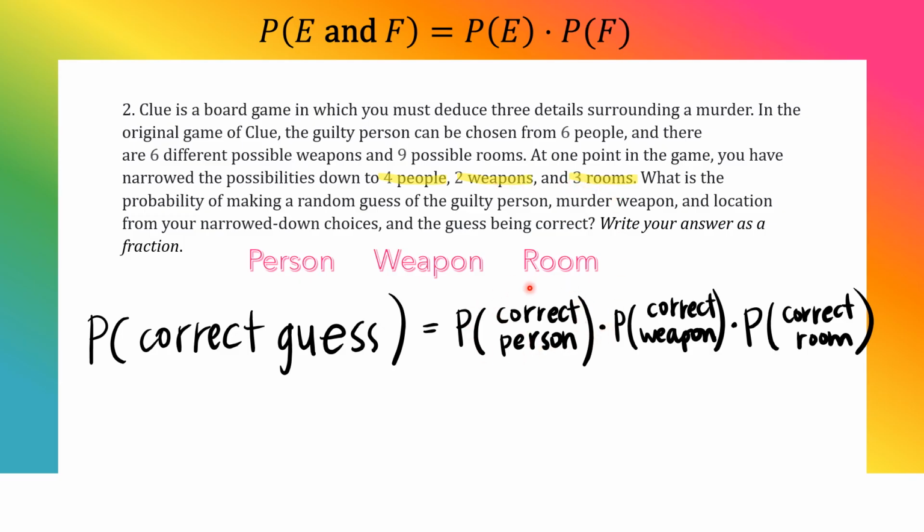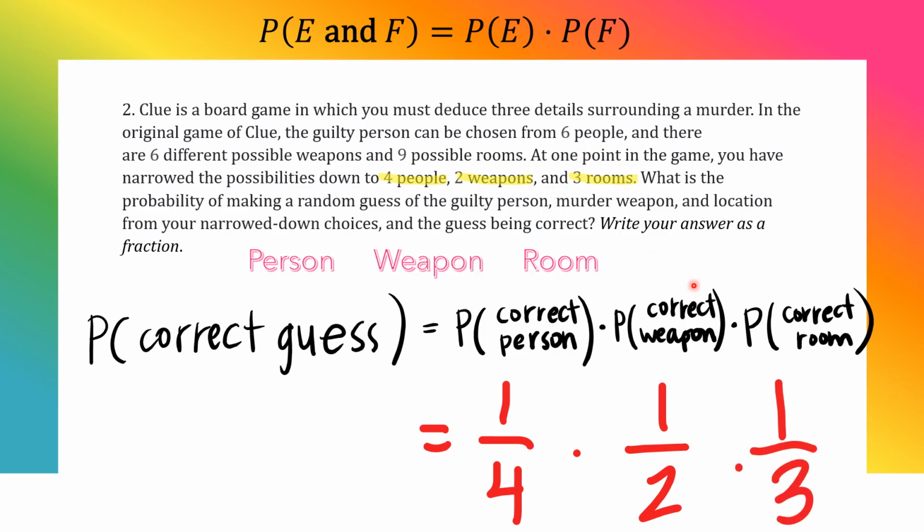The probability of choosing the correct person: only 1 out of those 4 people actually committed the murder, so we have a 1 out of 4 chance. For the weapons, we've narrowed it down to 2, so we have a 1 out of 2 chance, since only 1 of those 2 weapons is correct. And for the rooms, we have a 1 out of 3 chance.